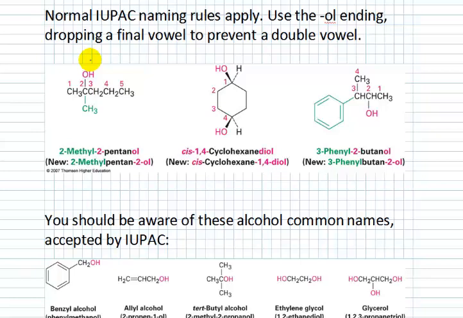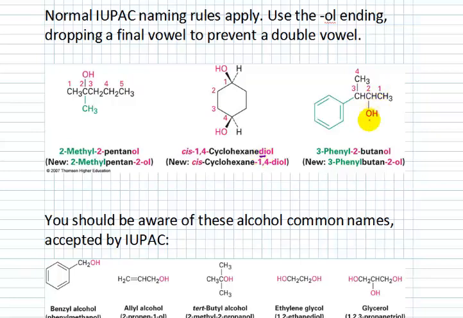So a 5-carbon chain with a methyl and an OH on carbon 2 is 2-methyl-2-pentanol. Don't forget rings. You can do relative stereochemistry with cis or trans. So cis-1,4-cyclohexanediol. If there are 2 hydroxyl groups, we'll call it a 1,4-diol or a 1,2,3-triol, for instance.